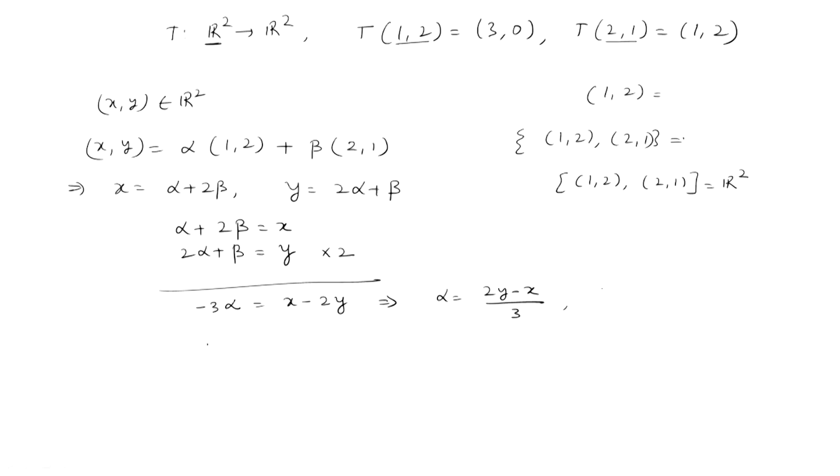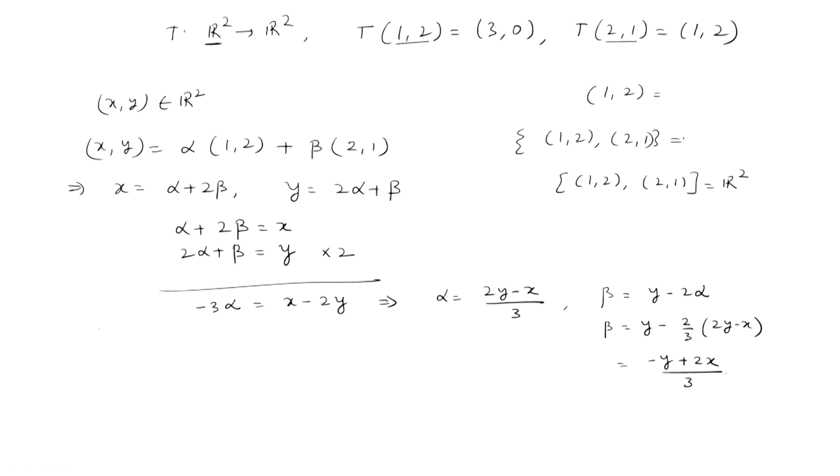Now, what will be beta? Beta will be nothing but y minus 2 alpha. So beta is y minus 2/3 times (2y - x), which is (3y - 4y + 2x)/3, that is, (2x - y)/3.